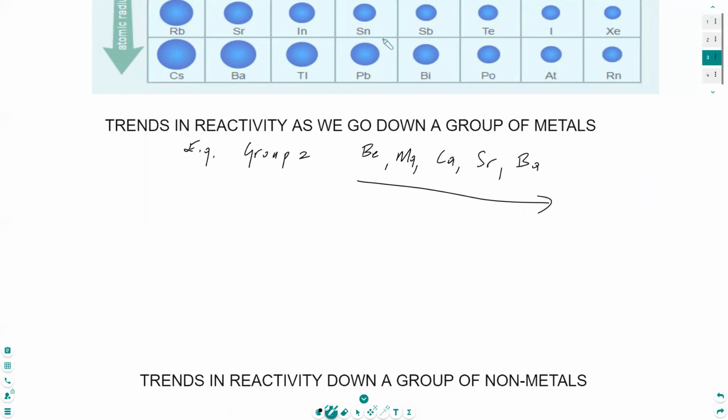As it concerns metals, metals are trying to lose electrons, right? So going down a group of metals, the size of the atoms increases.